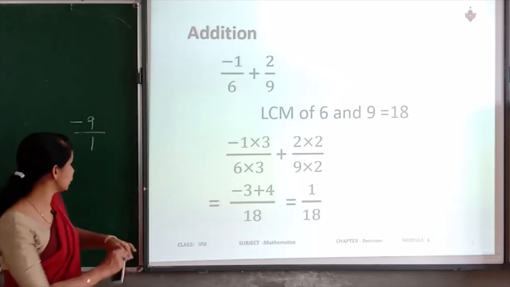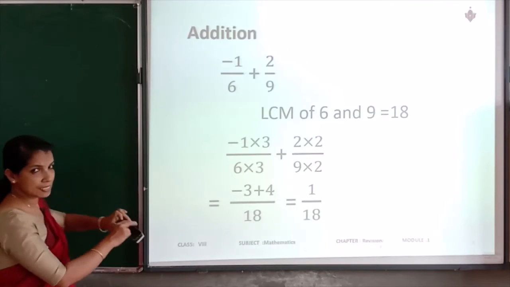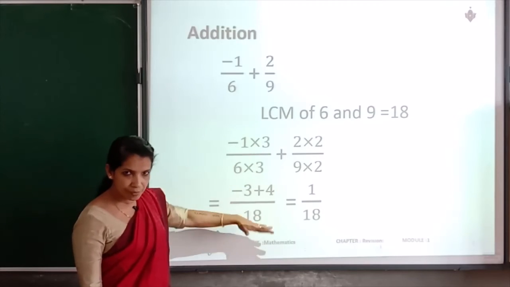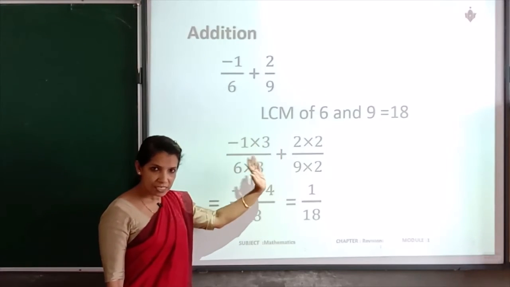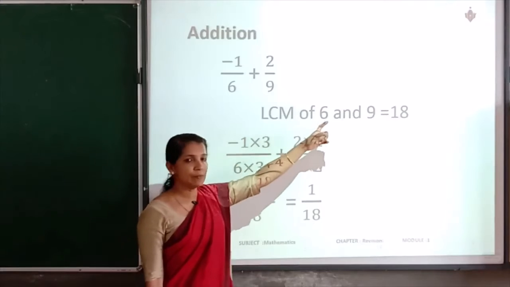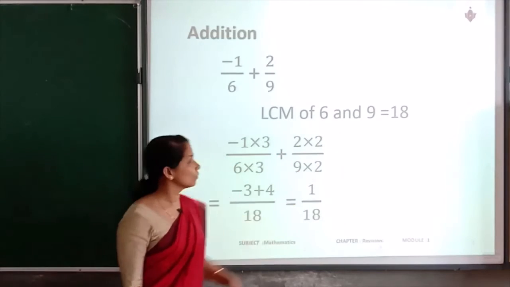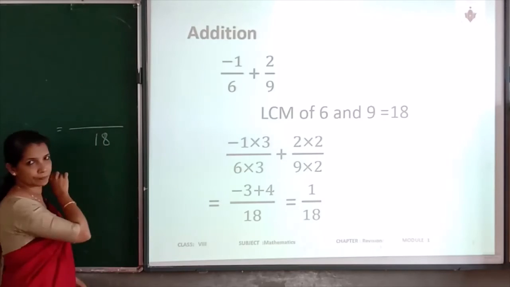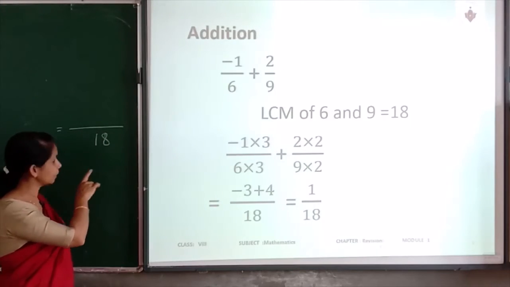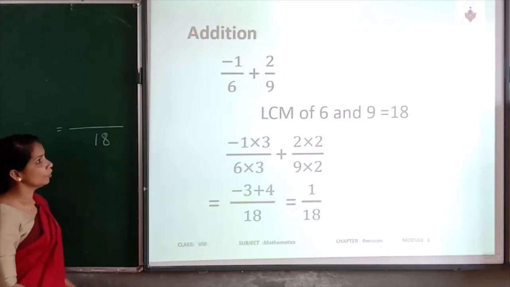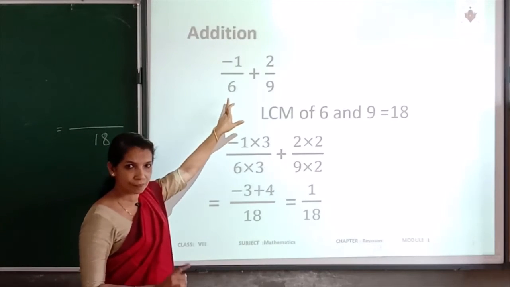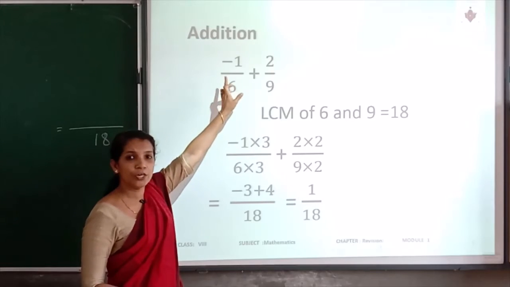I will show you this question from class 8 onwards. Last year you might have learned this method separately, but class 8 onwards, this LCM of 6 and 9 is 18. You write that 18 as the common denominator. You have to practice this method. Common denominator is 18. First denominator 6. 6 into 3 gives 18. So minus 1 into 3.